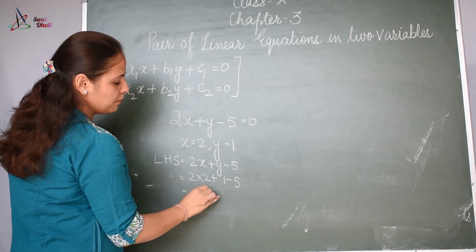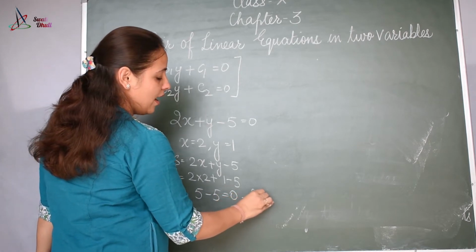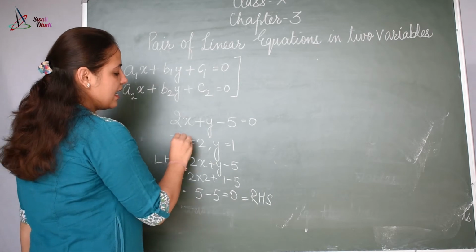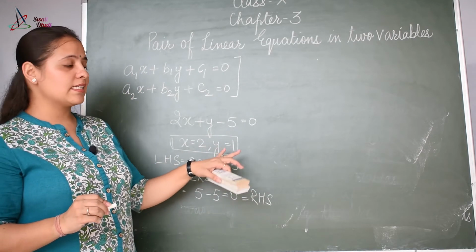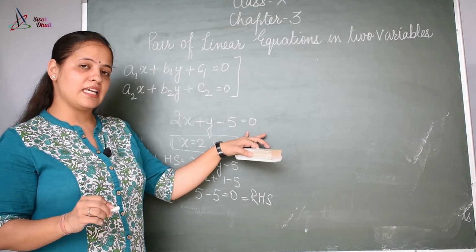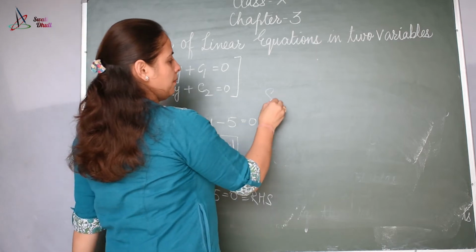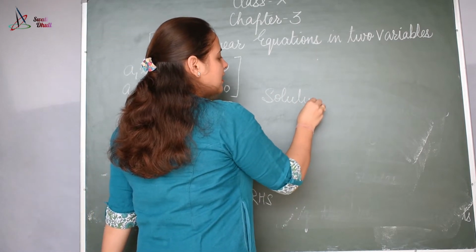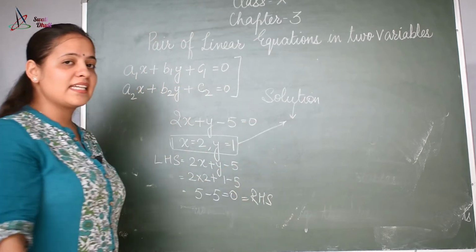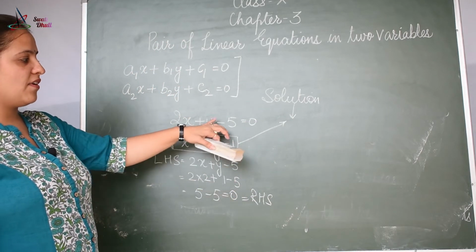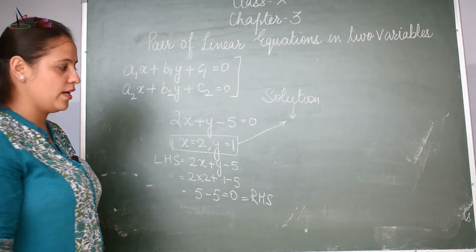So that means 5 minus 5 is equal to 0, that is equal to RHS. That means x is equal to 2 and y is equal to 1 is the solution of this linear equation in two variables. Solution. The word solution means the value of x and y which satisfies this equation is the solution of this equation.